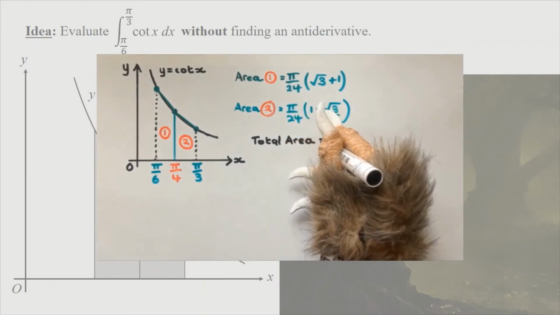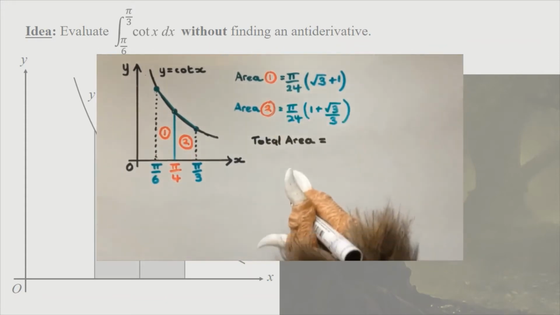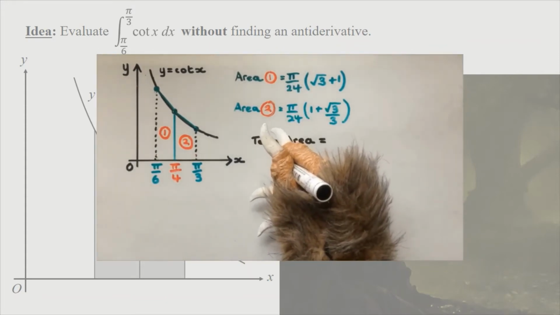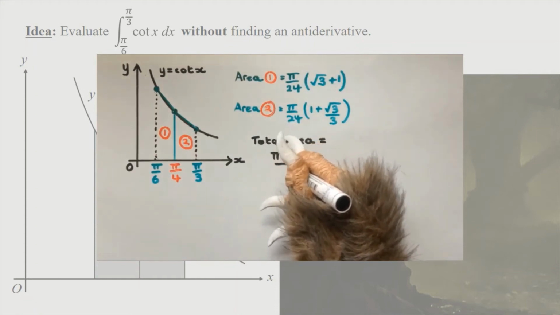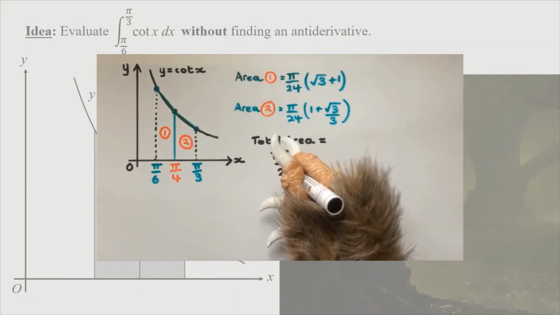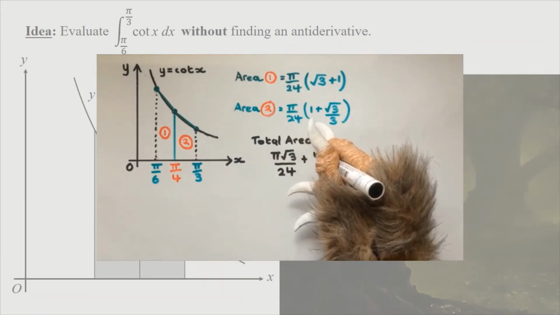And let's sub everything in. So I'm going to multiply out 1, so I'm going to have pi root 3 over 24. That will be the first term. I'm just multiplying out the bracket, plus pi over 24, of course.